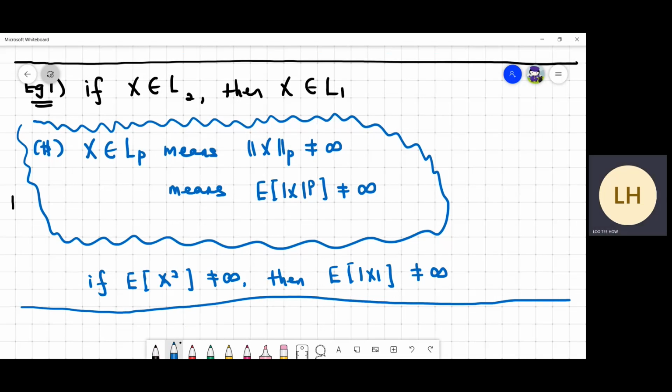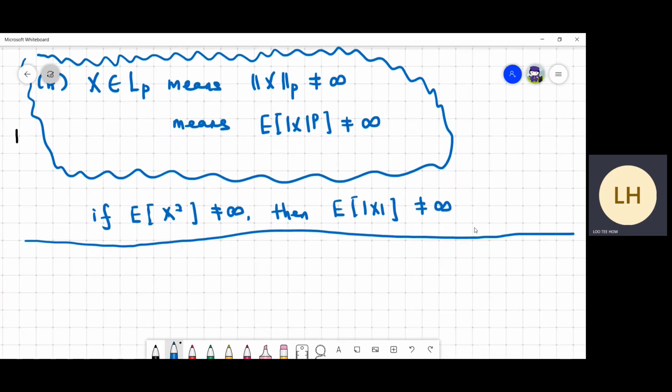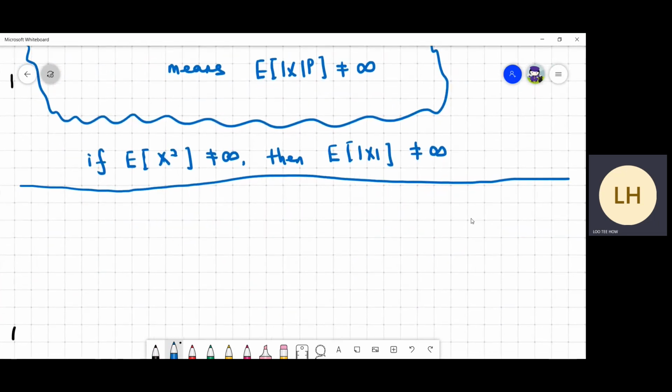So we can solve this problem by using the Cauchy-Schwarz inequality. Again, just recall the Cauchy-Schwarz inequality.